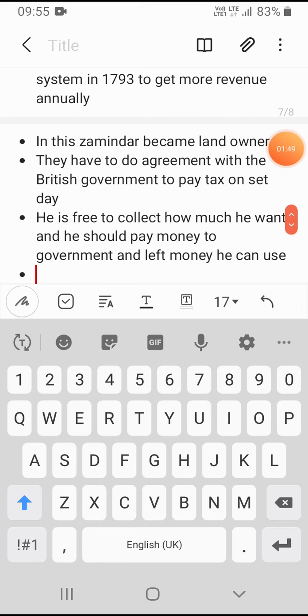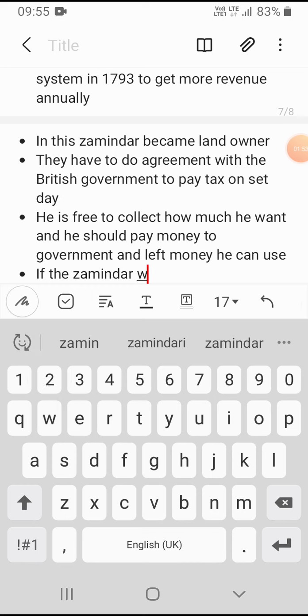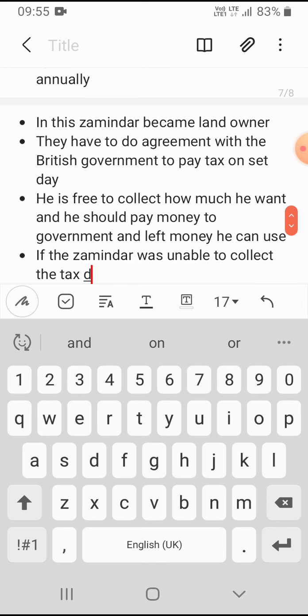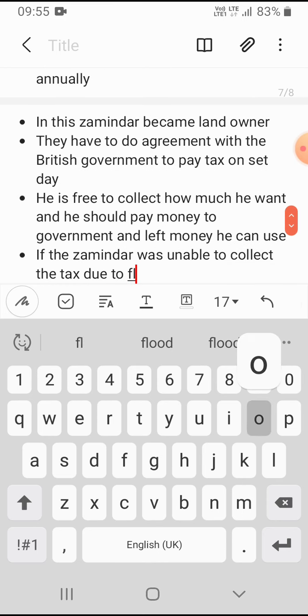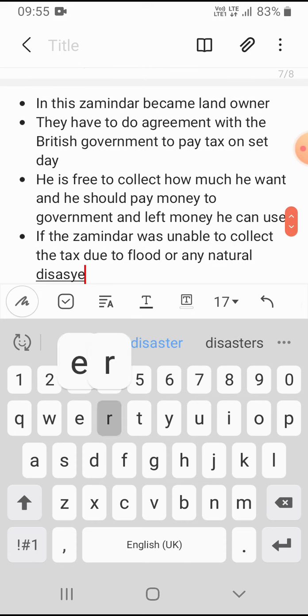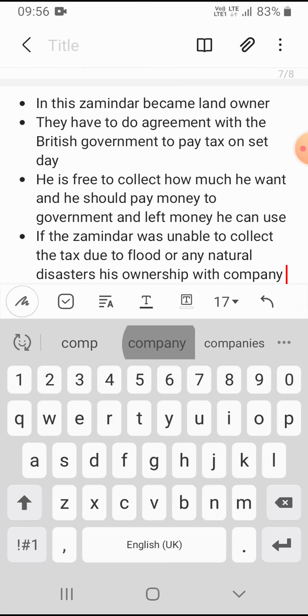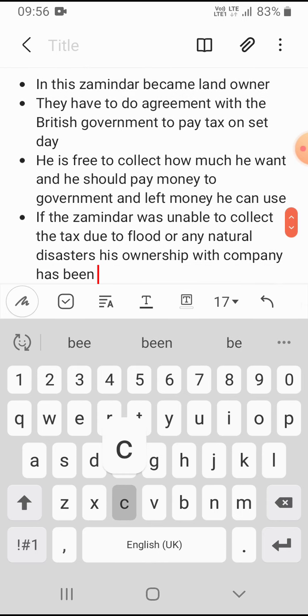And if the zamindar was unable to collect the tax due to flood or any natural disasters, his ownership with the company was cancelled.